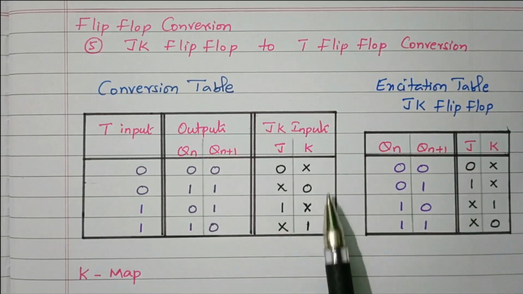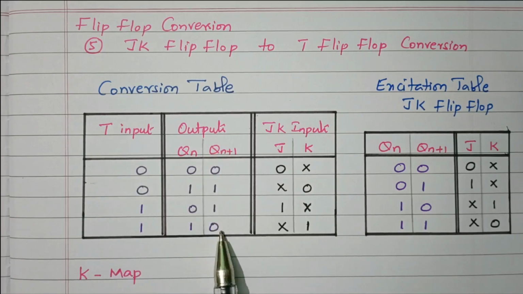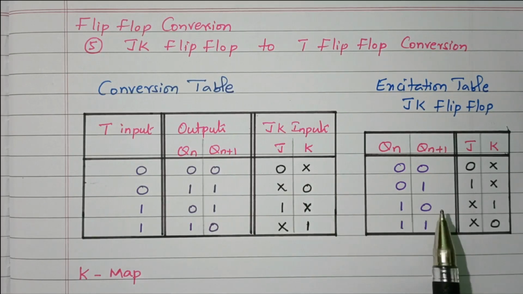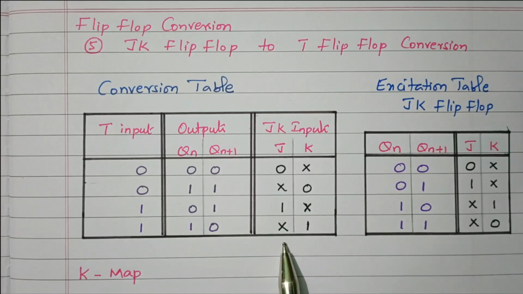So from the excitation table the JK inputs are now filled. For this T flip-flop truth table, the JK flip-flop inputs are decided from the excitation table. Now we need to find the logical expression for J and K using the K map. Then that can be implemented with the logic diagram.